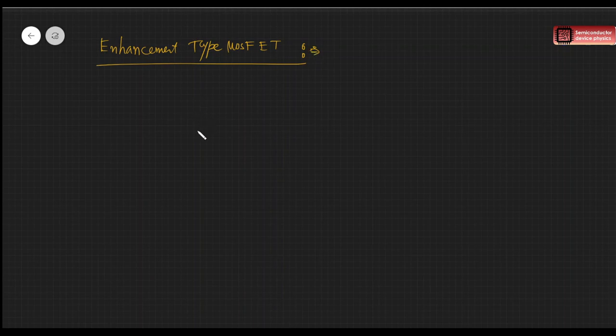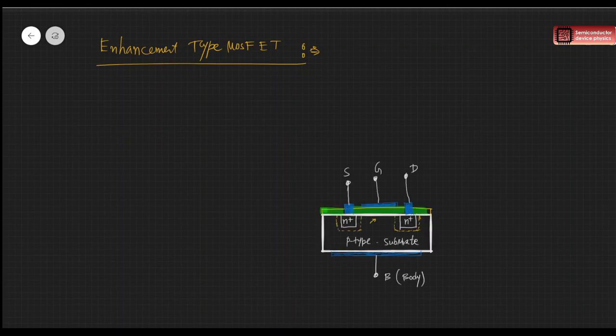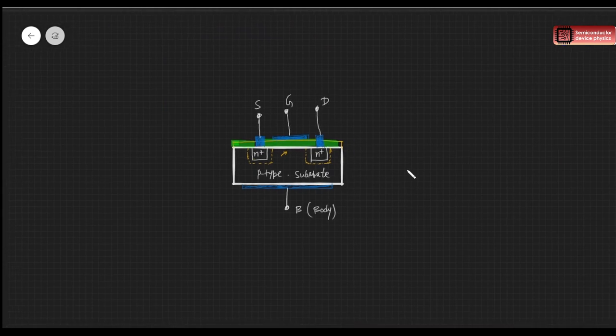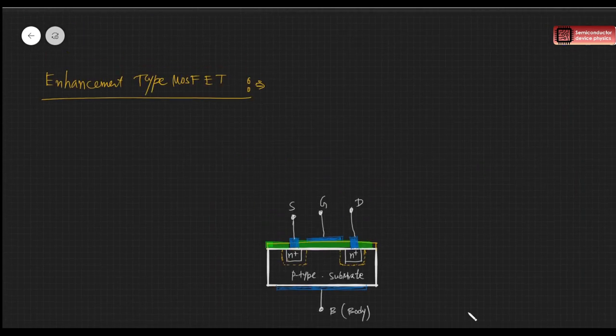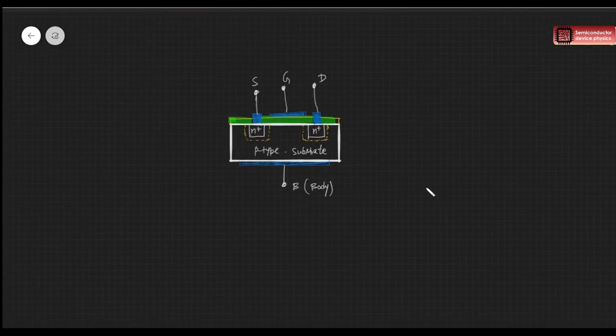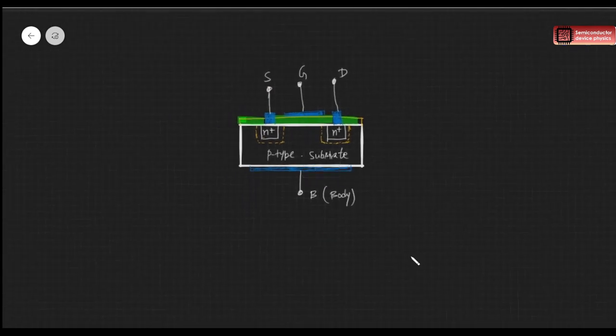I'll just draw a very simple diagram. Maybe it is already there. Okay, so it is already there. I'll just use this diagram. As you can see here, this is an enhancement type MOSFET, right? There is no channel. Now let's bias this MOSFET and see what can happen.